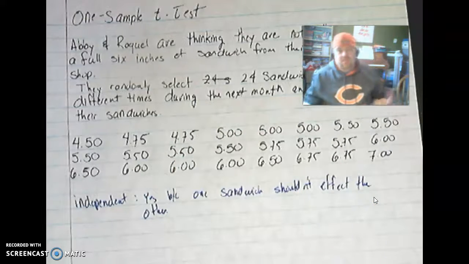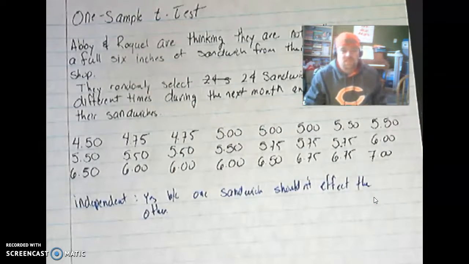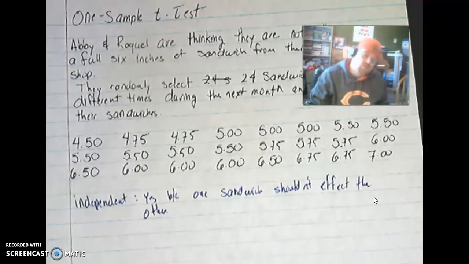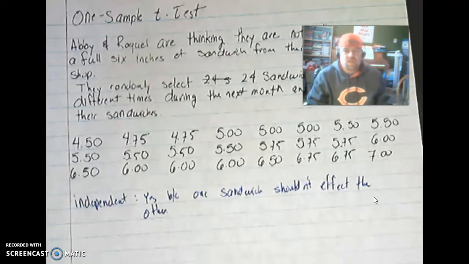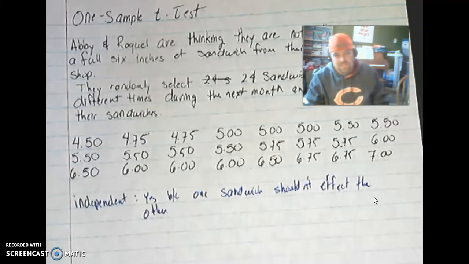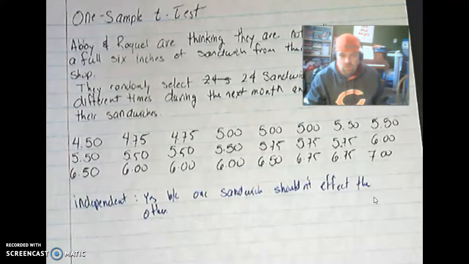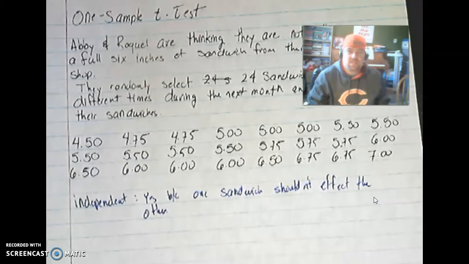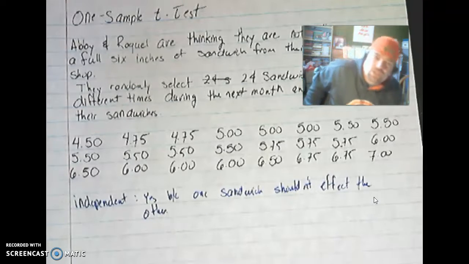When I first read this problem I thought, what if the person before you ordered another 6 inch and they cut it larger, so then you would get a short one? So it's really not independent, but we're supposed not to think too much about it. We're just supposed to say that yes, they're independent, that my order is not going to affect my next order. I think that's what they're looking at. It's just individual orders.